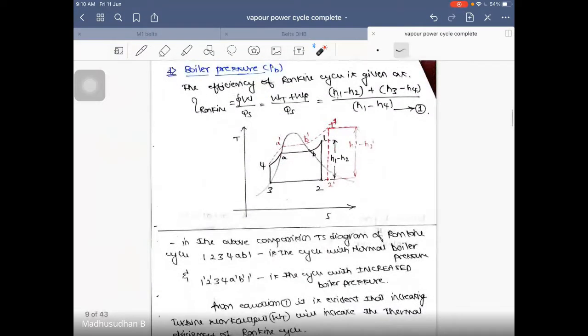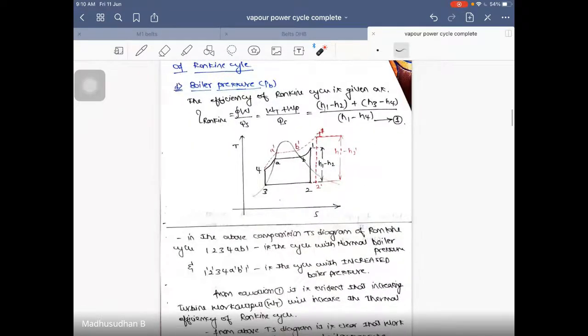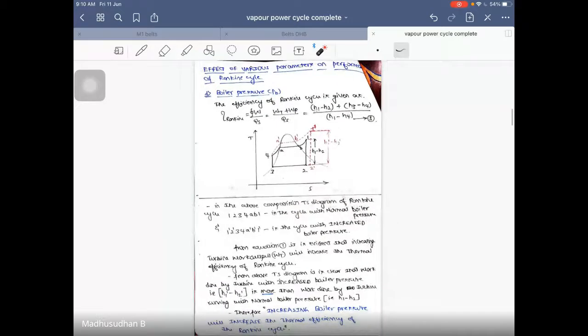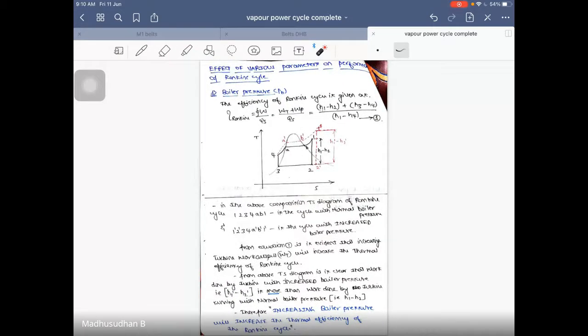So with increase in the boiler pressure, what happens to the efficiency? Efficiency also increases. So, how would the questions be asked in the examination? They will ask, discuss the effect of boiler pressure on the efficiency or the parameters of the Rankine cycle.